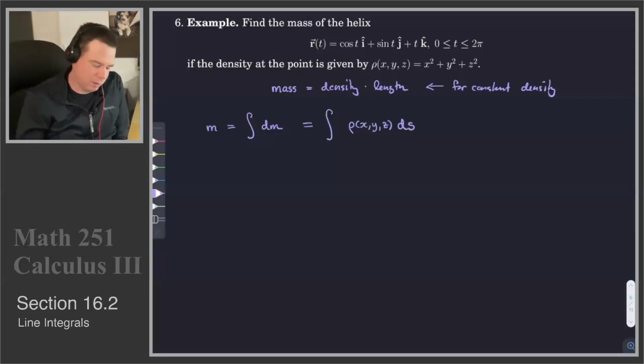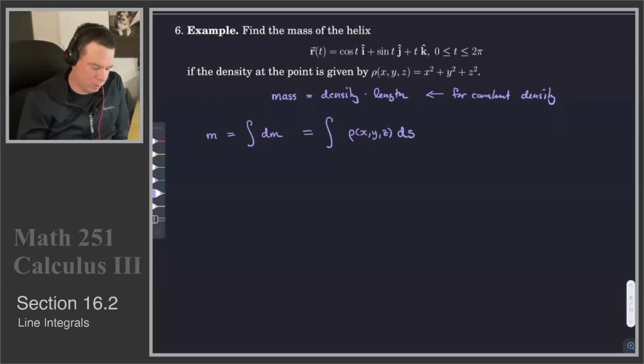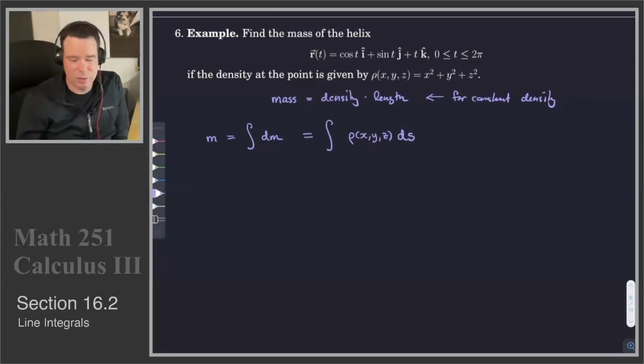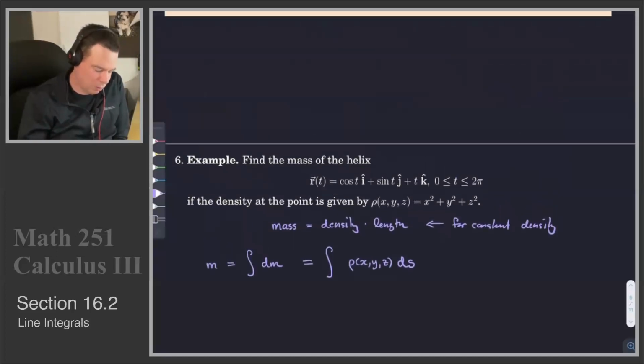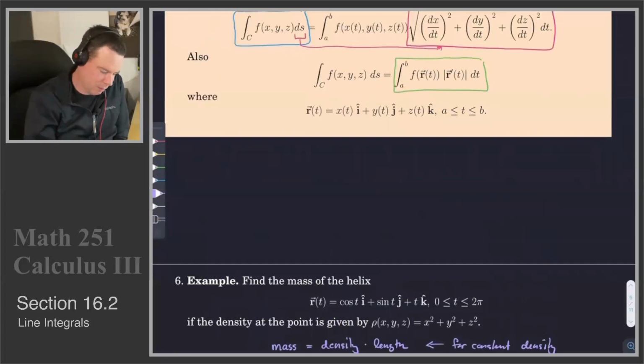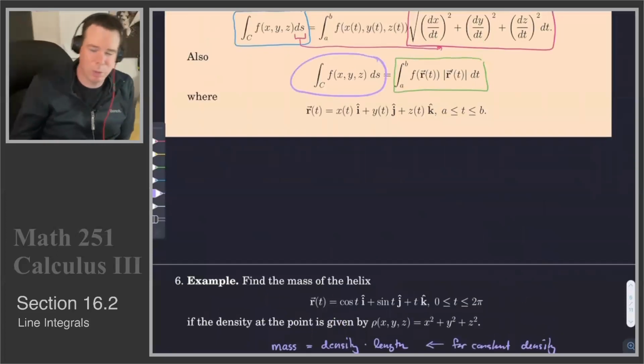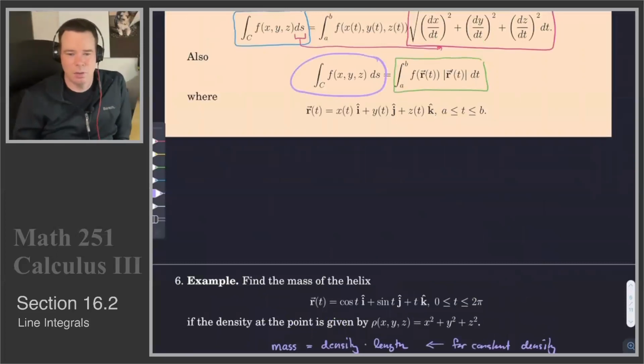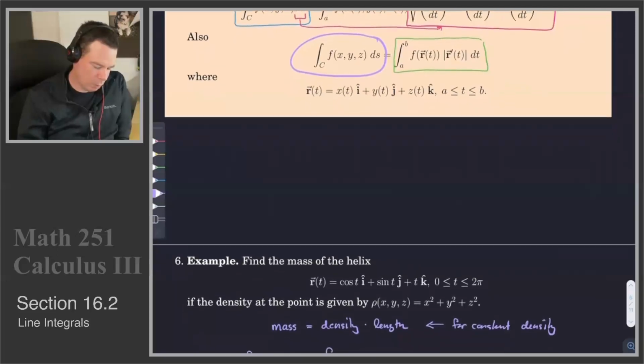And so now you can see we've just, through sort of intuition and just using the idea that mass is density times length, and our density is varying in this case, we've come up with the integral that we just introduced in the previous box, known as the line integral of a scalar function with respect to arc length. So we just came up with that.